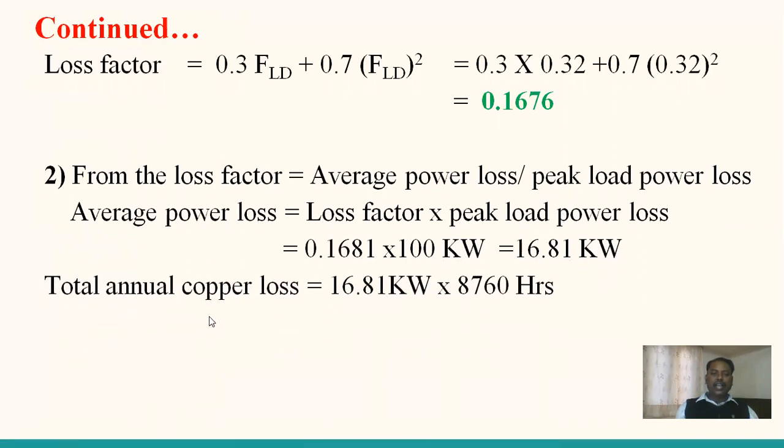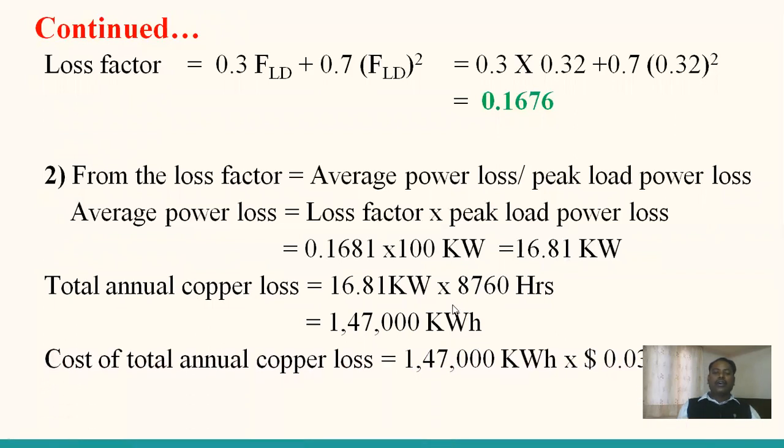So total annual copper loss energy is the average power loss multiplied with 8760 hours. This gives about 147,000 kilowatt hours per annum, the annual energy loss.